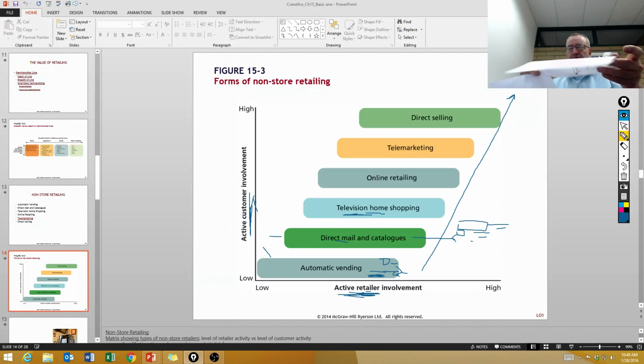I've never actually bought anything from a television shopping channel, but I know that people do. Okay, then the next type of non-store retailer is online retailing. So these are vendors that sell their products only online.